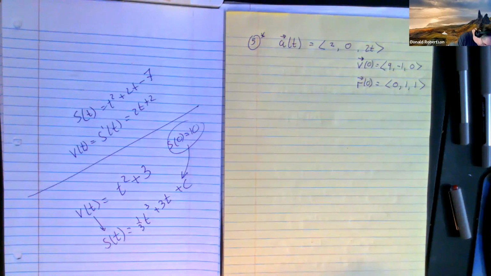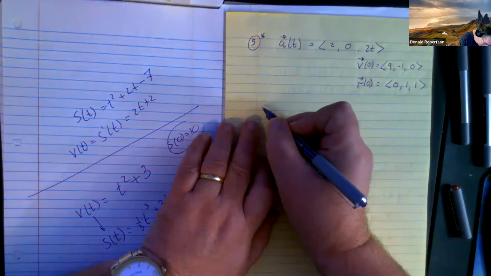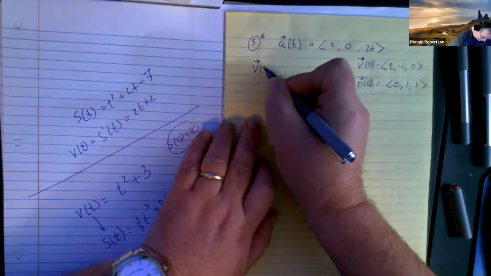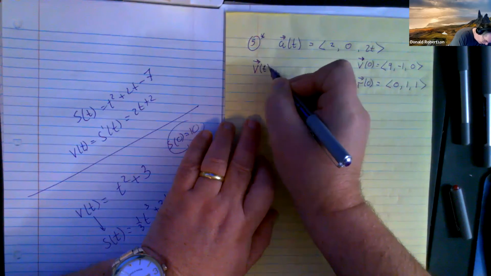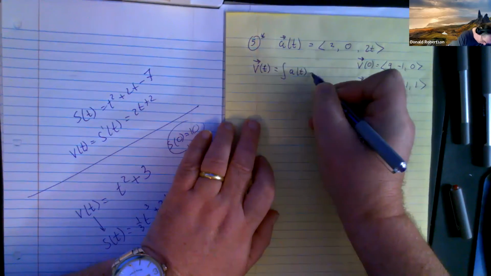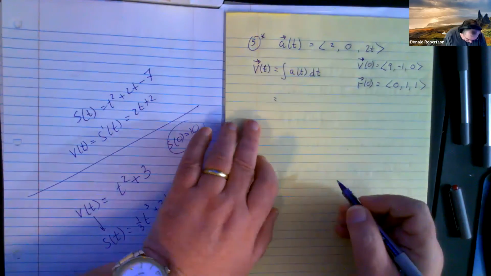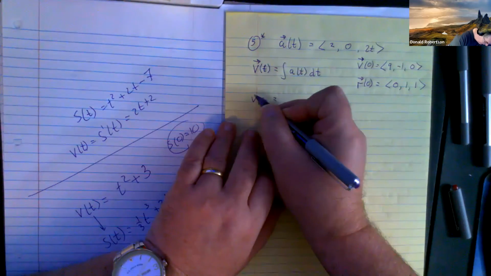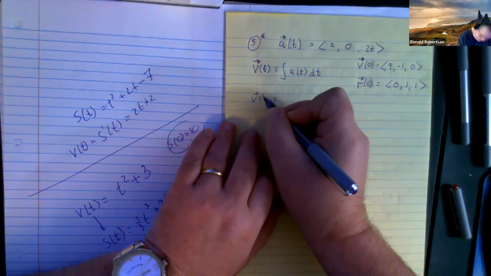So I'm going to start then with taking this guy and finding the velocity vector. Well, that's going to be the integral of the acceleration vector. And if you want to integrate a vector, don't you just integrate separately?